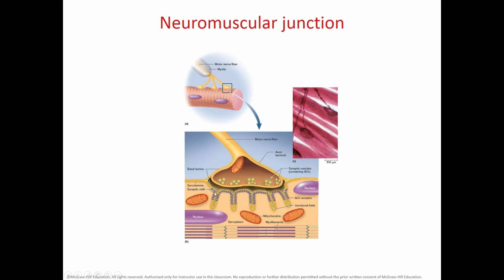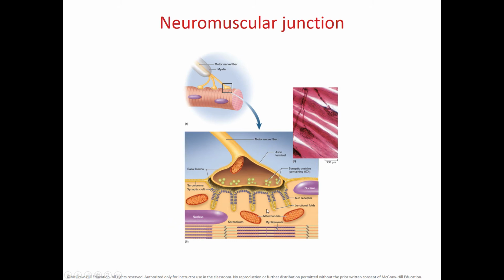Then you have these purple receptors, which are the acetylcholine receptors, chemically gated channels for sodium and potassium. When the neurotransmitter acetylcholine is released by exocytosis from the axon terminal and binds to these receptors, the channels open.